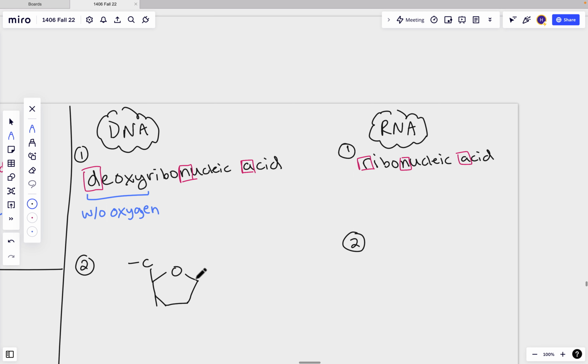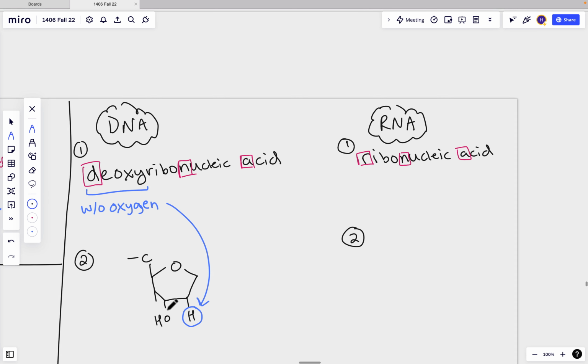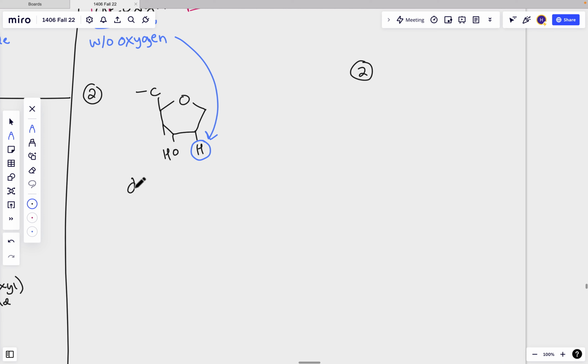We're going to look at the difference between those. This is the difference right here. So both of them have the OH here. But the difference is this guy without oxygen. It's just a hydrogen, no oxygen there. So this type of pentose sugar is called deoxyribose.